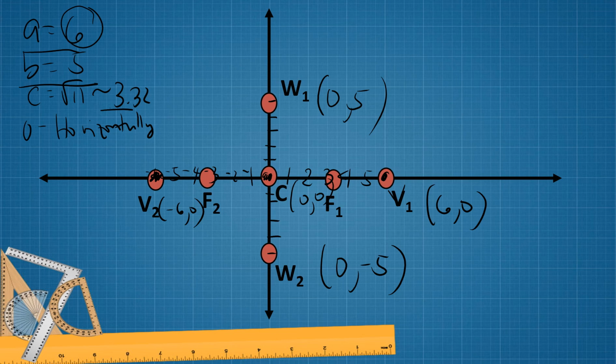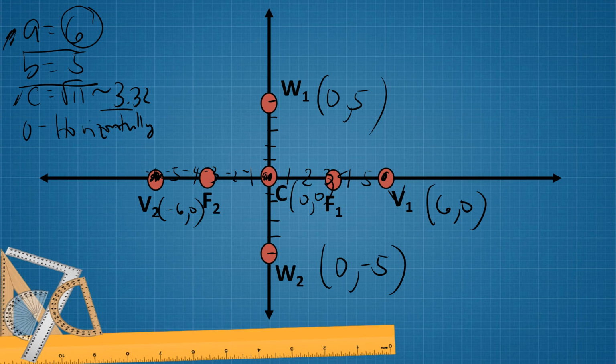So from the center, kung paano ka nagbibilang kay a, kay co-vertices, ganon din yung process ng pagbibilang mo kay c. So since nagbilang tayo kay vertices ng right, left, para malocate natin si foci, we're also going to count right, left from the center.